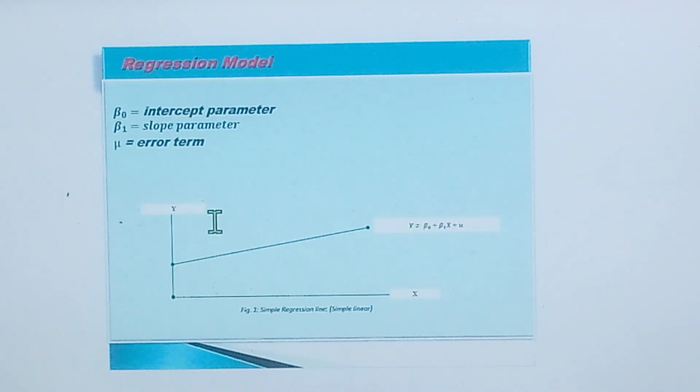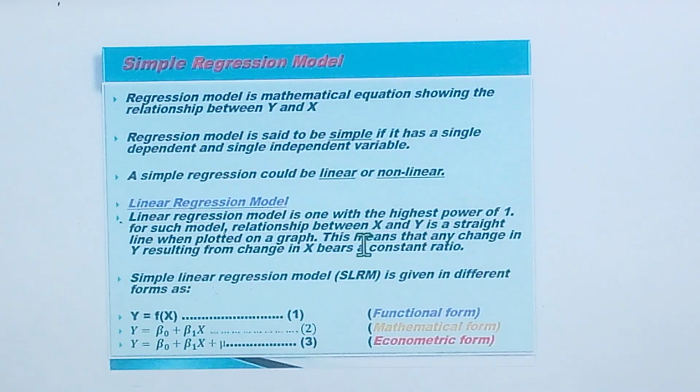The line could also slope downward, showing that there is a negative relationship between x and y. However, the fact that it is a straight line shows that the relationship between x and y is a linear relationship. Then the third condition says that the change in y resulting from a change in x bears a constant ratio.